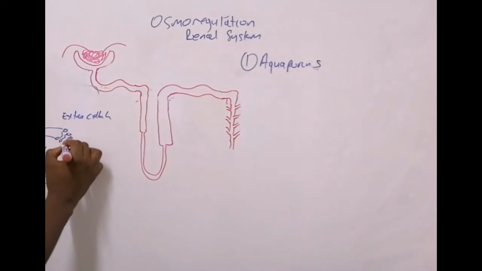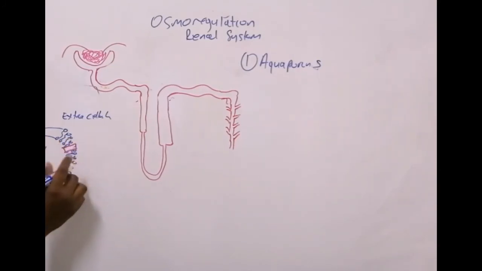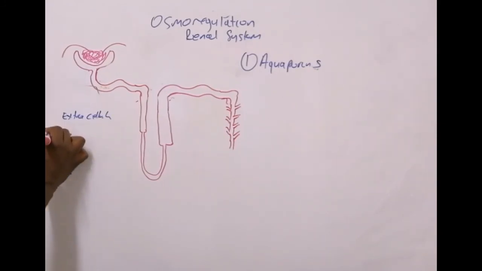These carrier proteins are usually embedded in the bilipid layer, like channels.